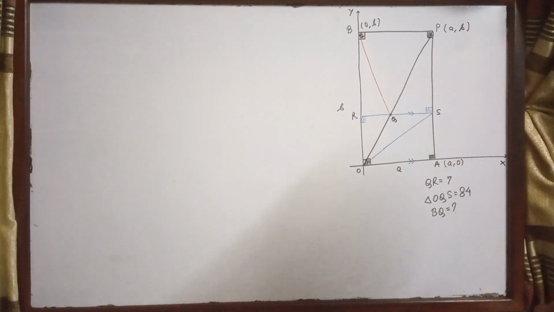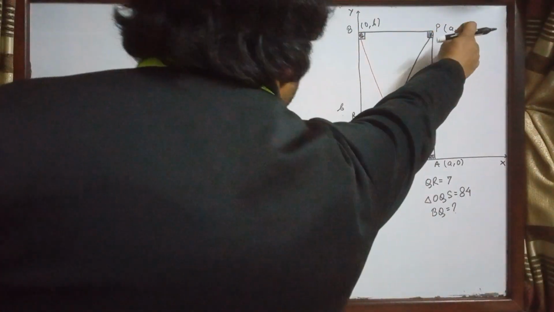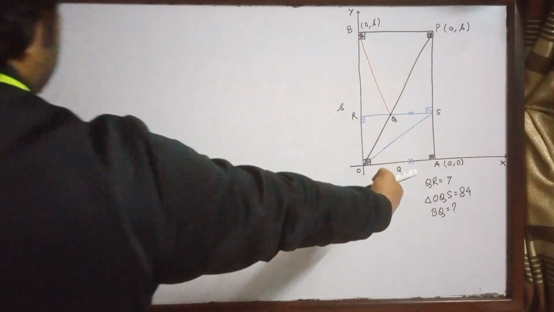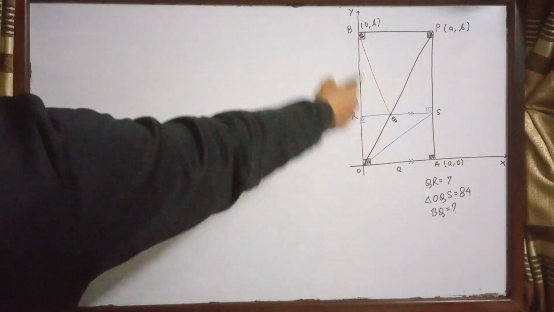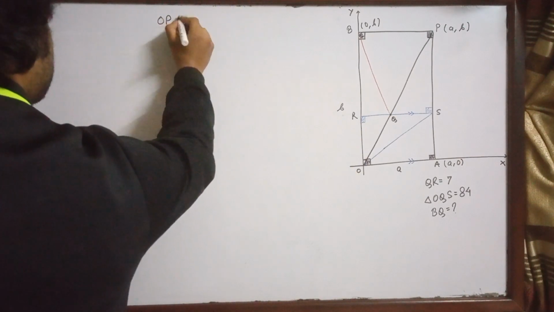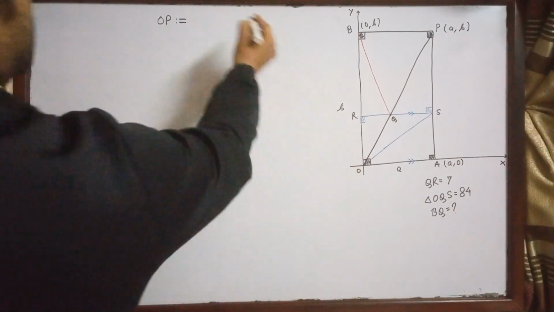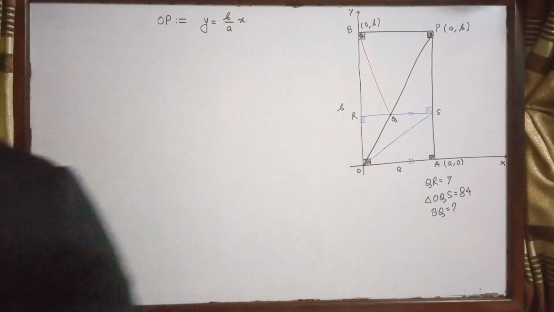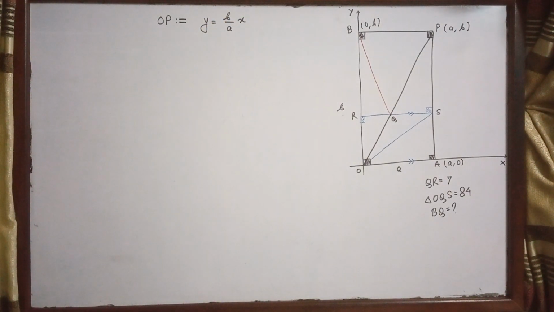So we can find the equation of the line OP as y equals mx. The slope of this line is B over A since it passes through the origin. So the equation of OP is y equals B over A times x.